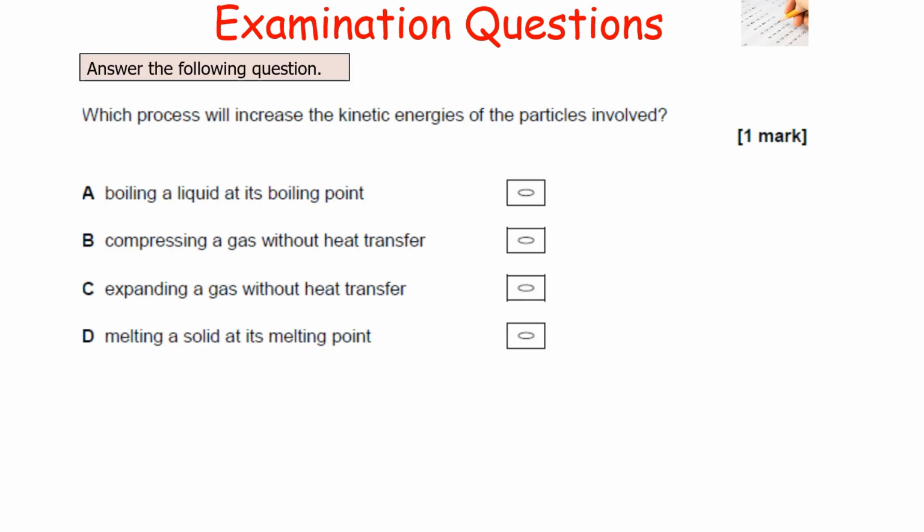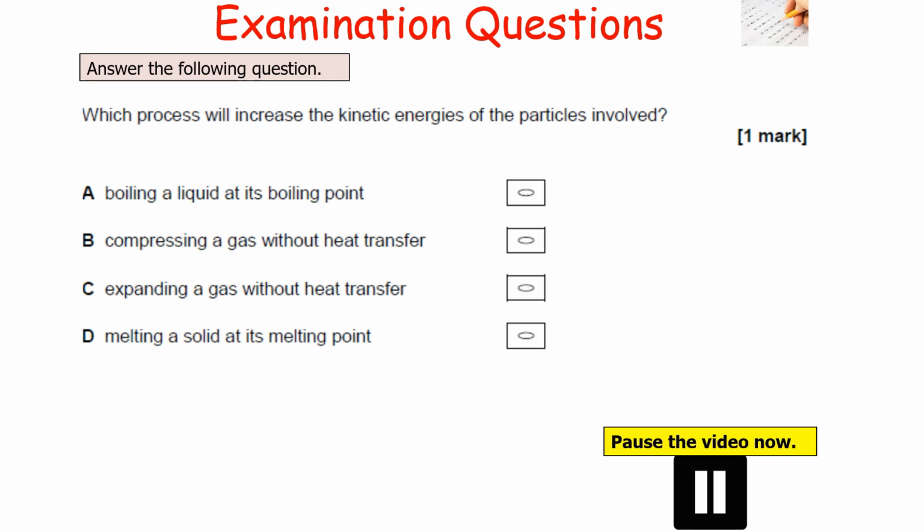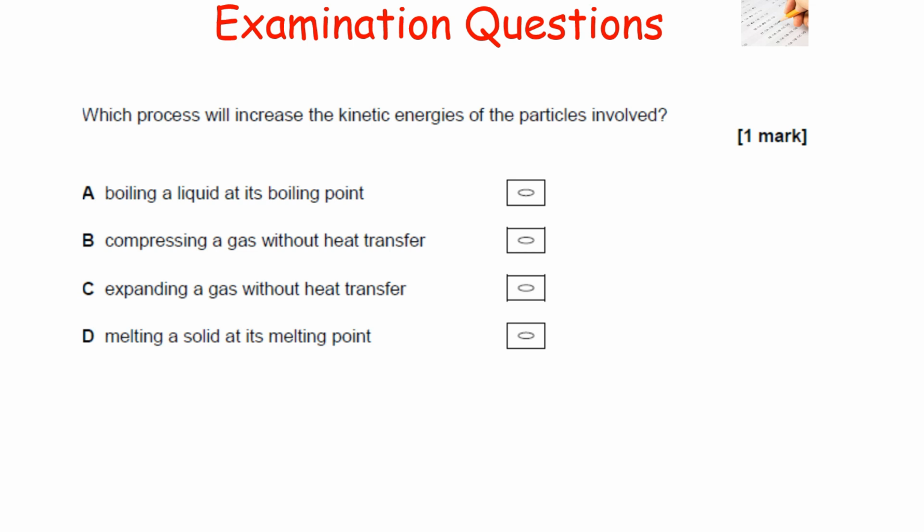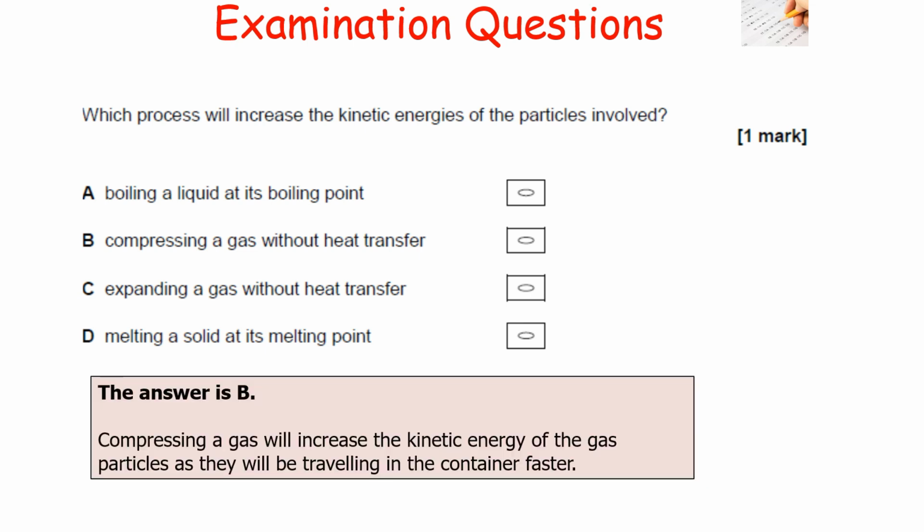Next question, which process will increase the kinetic energies of the particles involved? Pause the video now, then unpause the video when you want to go through your answer. So the answer is going to be B, because if you think about it, boiling and melting, options A and D, are going to change the potential energy because you're changing the state.